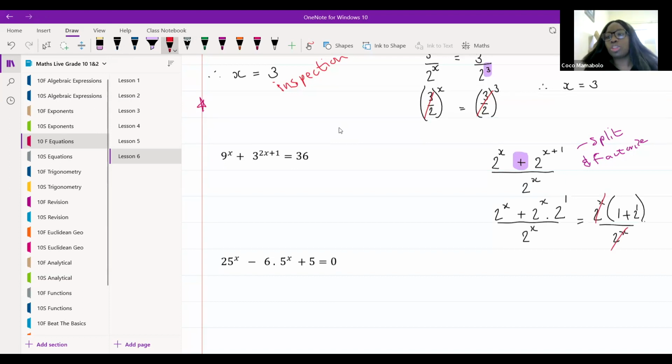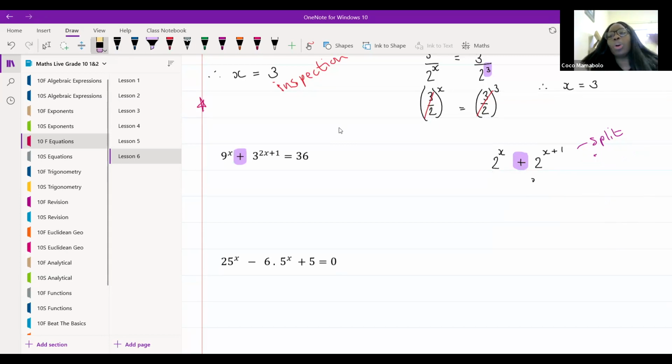All right. So in this particular question, now that we see a plus in the middle, we know that we must factorize. But before we can even factorize, what do we need in order to compare like bases? Now I've given away the answer.